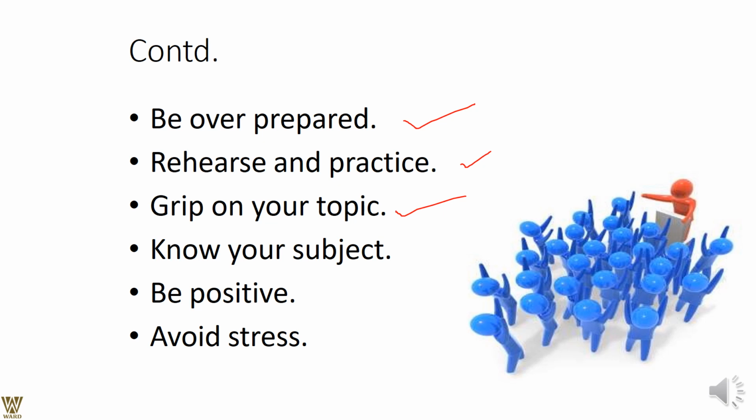Get all sorts of materials related to the topic altogether. And the foremost thing is to not present a topic which you are not very well aware of. So know your subject. Be positive. Do not take any kind of stress altogether. Look at it, this is the presenter, and everybody is very happy, raising their hands and so on.